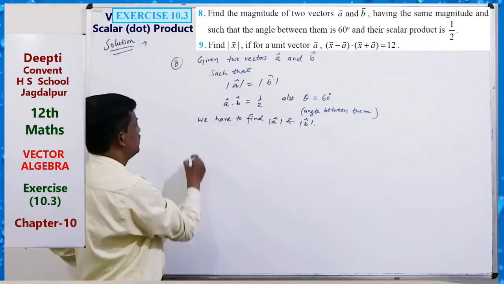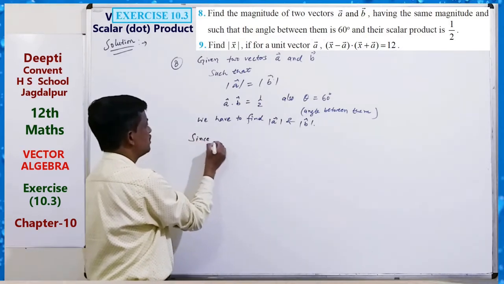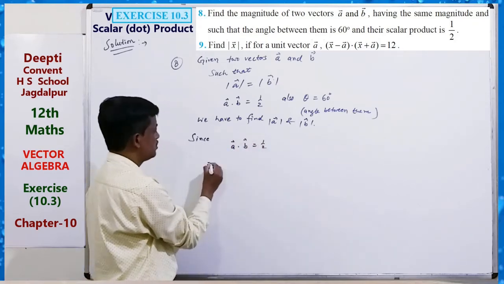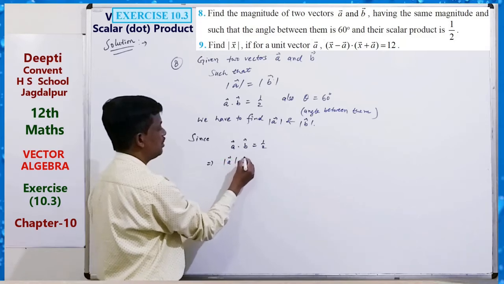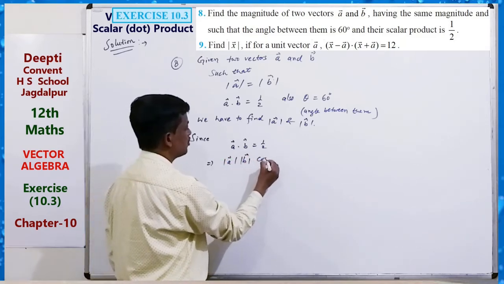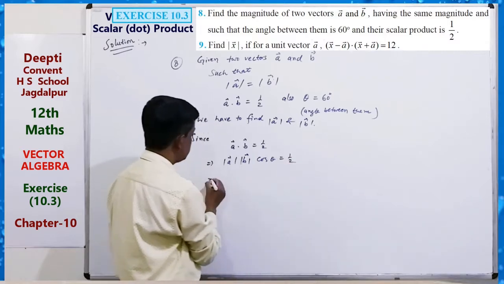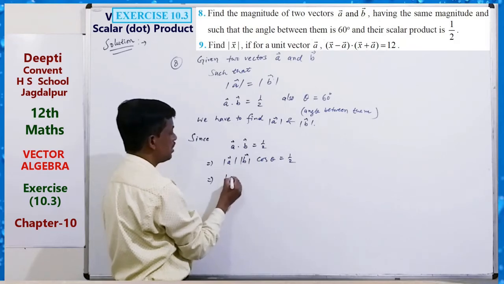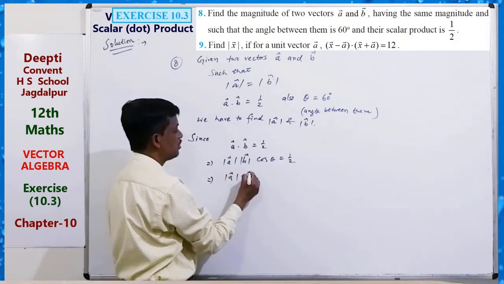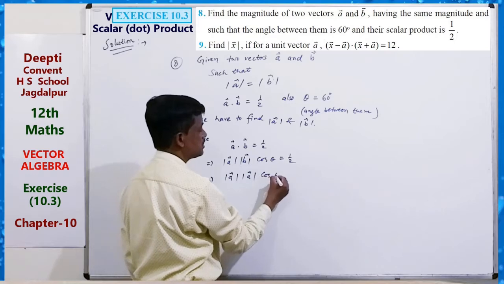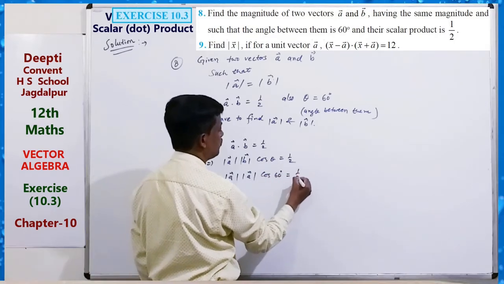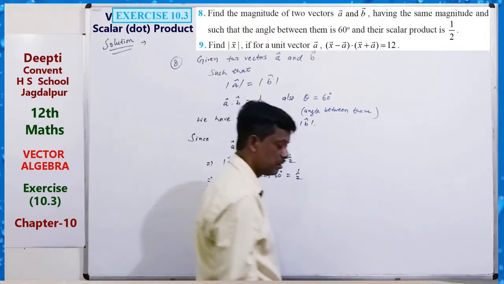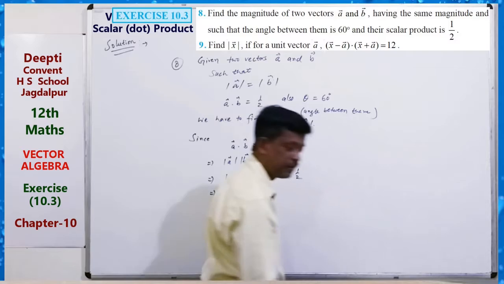Since A dot B equals half, so by the formula, mod A mod B cos theta equals half. Here mod A and mod B are equal, so in place of mod B we can write mod A, and cos 60 equals 1 by 2.